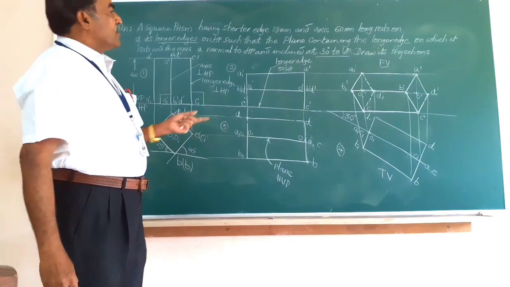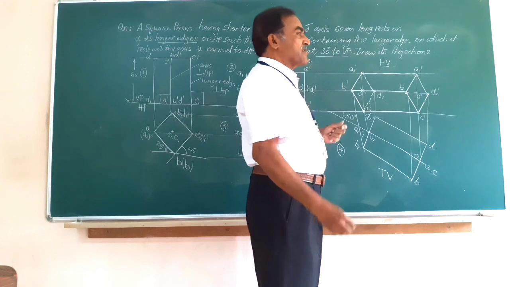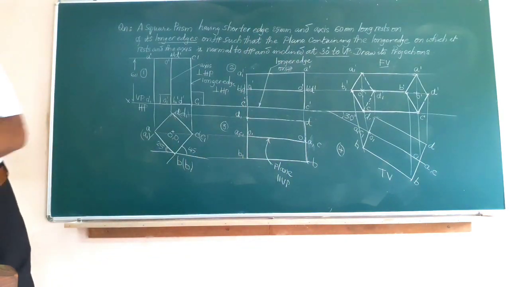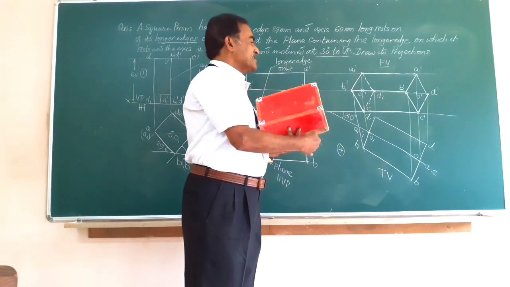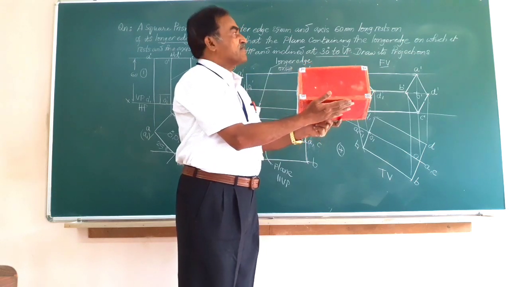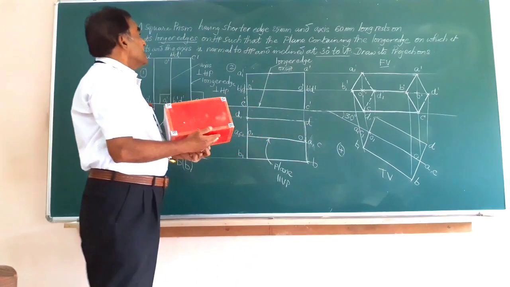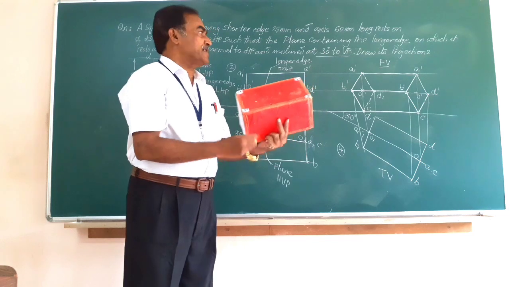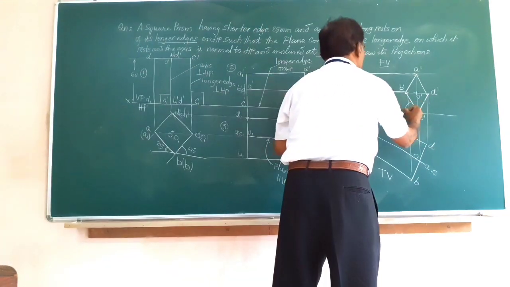Finally, the object is resting on one of the longer edges. And you can also observe a very important point in this particular prism. The object is resting on one of the longer edges, and you can see the two rectangular faces. This is one and the one behind. These two rectangular surfaces are always equally inclined to HP. That can be seen in the front view as alpha.